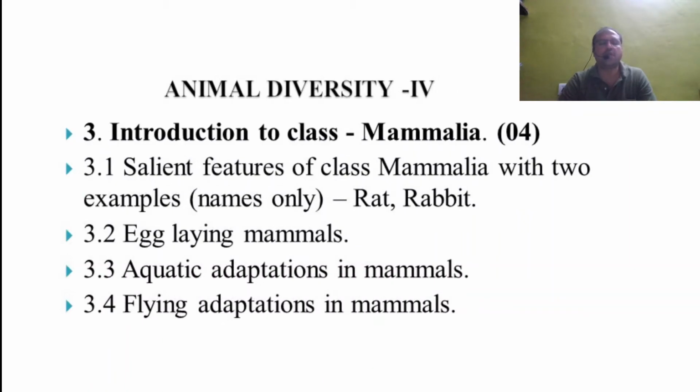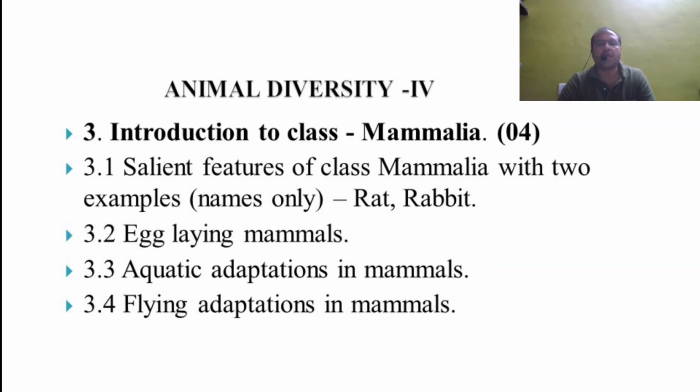Then we will see the class Mammalia, that is introduction to class Mammalia, in which the first unit is salient features of class Mammalia with 2 examples. Here also only the names are expected, which include the rat and rabbit.